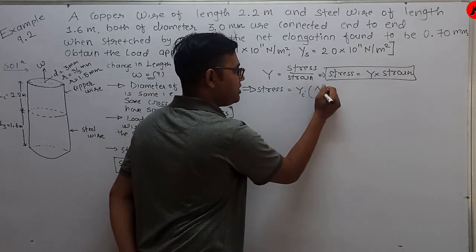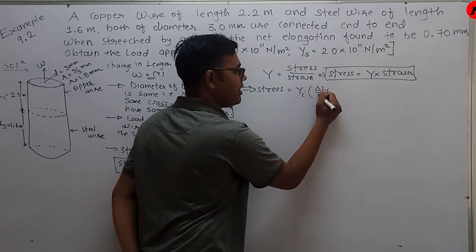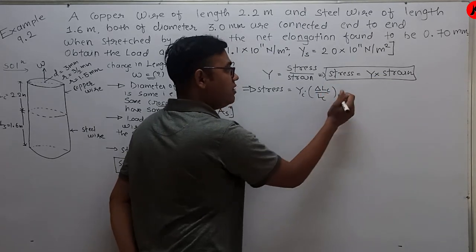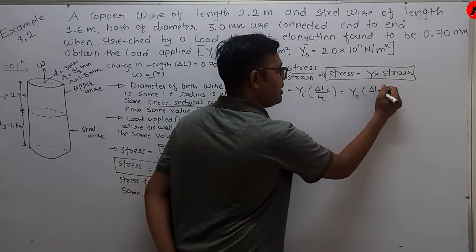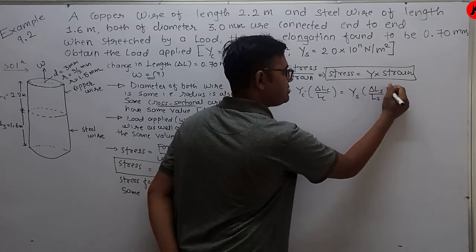The equation for strain is delta LC by LC for copper wire, which is equal to YS into delta LS by LS, right?